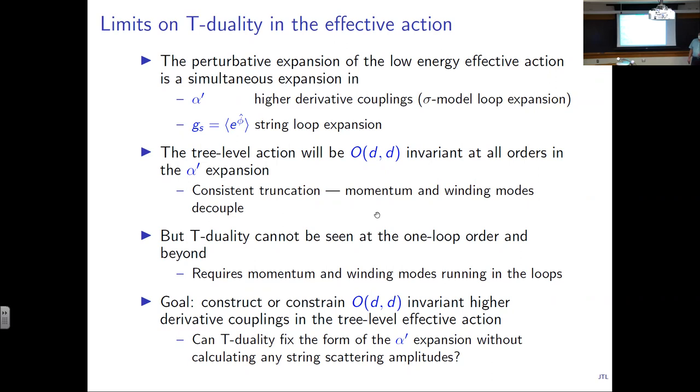Probably cannot tell you no, but there's something interesting, which again, if I jump ahead a little bit. A conceptual question: is it guaranteed that O(d,d) invariant higher derivative extensions of supergravity exist, and that it's a matter of working it out? Or is there no guarantee that you can succeed in finding O(d,d) invariant ones?